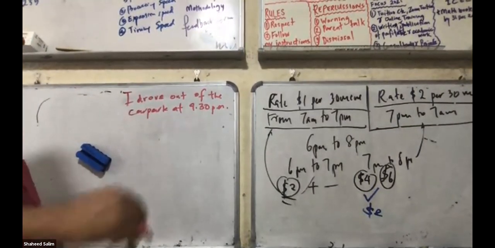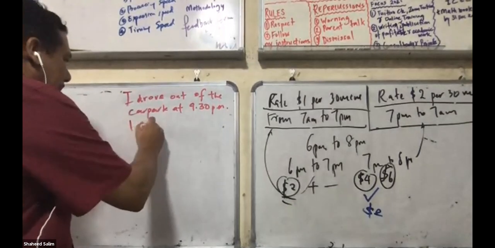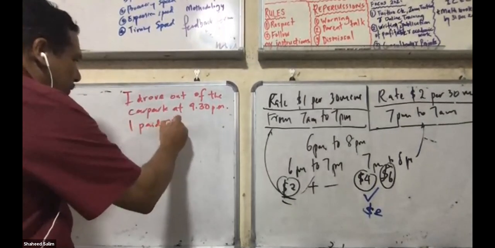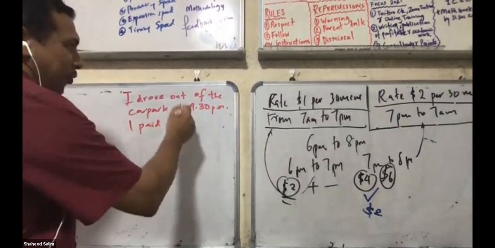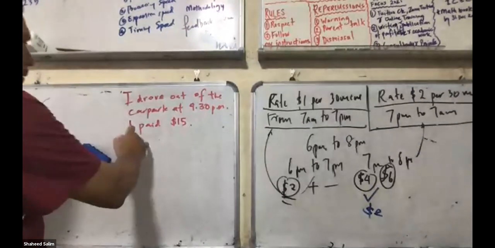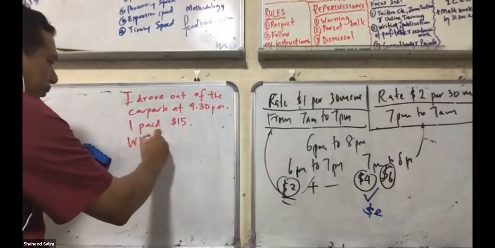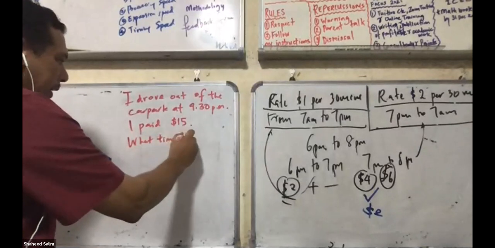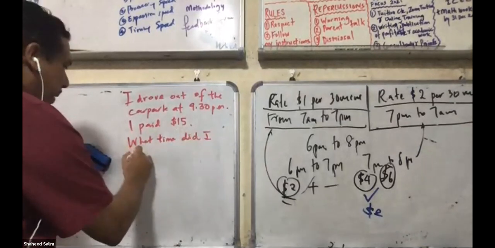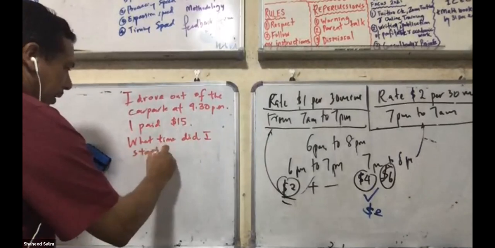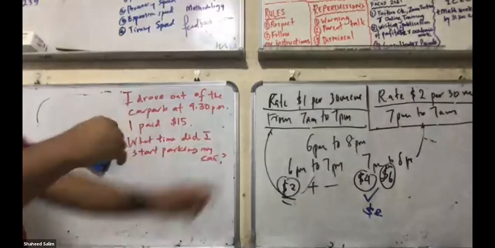All right. I paid $15. When I drove out, I had to pay $15. What time did I start parking my car? Can you try? Work backwards, work backwards.